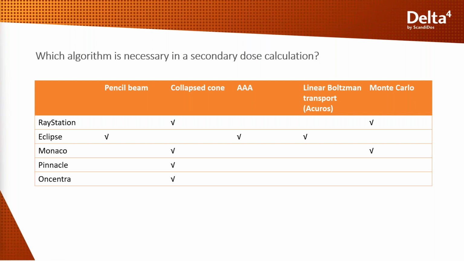The three main treatment planning systems out there today all have Monte Carlo or Monte Carlo-like algorithms, like the linear Boltzmann transport, which means that most clinics today either already have Monte Carlo or are soon going to start planning with Monte Carlo algorithms. And for this reason, it will be necessary to have a similarly accurate algorithm in your secondary dose check.